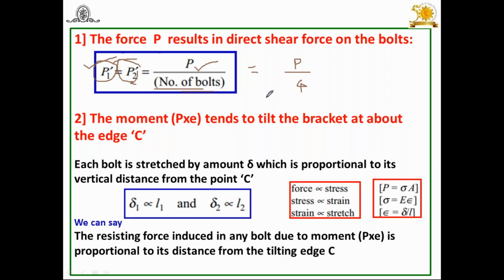Even if you would like a different nomenclature, for bolts 1, 2, 3, 4, you can give them: at position 1, P1 dash; at position 1, bolt 2, another nomenclature; at position 2, bolt 3; at position 2, bolt 4. No problem. So how to find the direct shear force? Total load upon number of bolts. This is equation 1. Try to remember. Very simple equation.